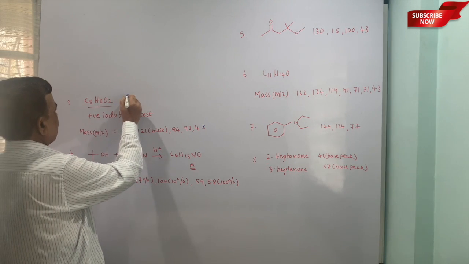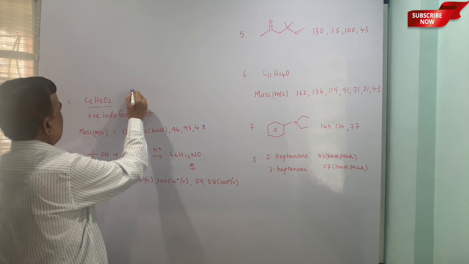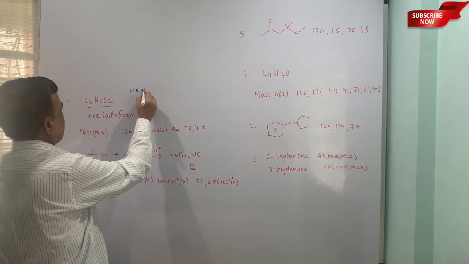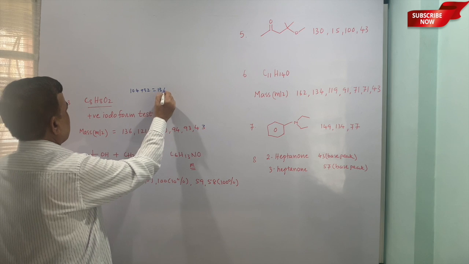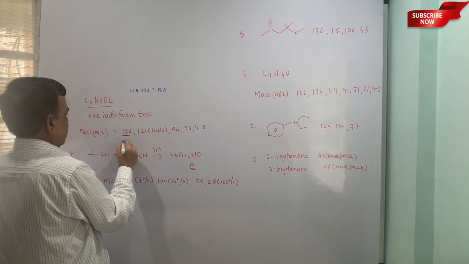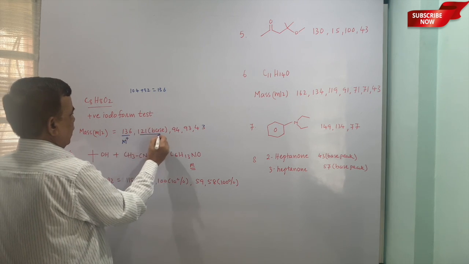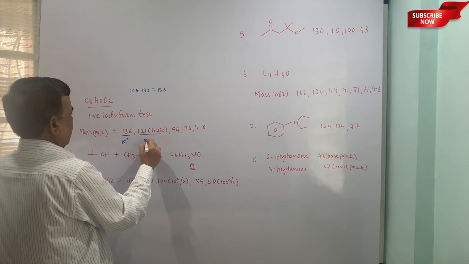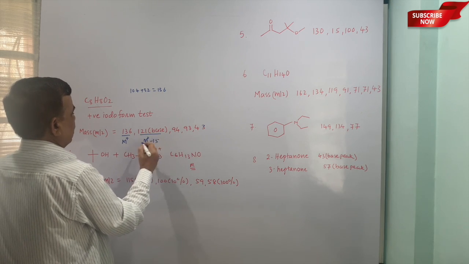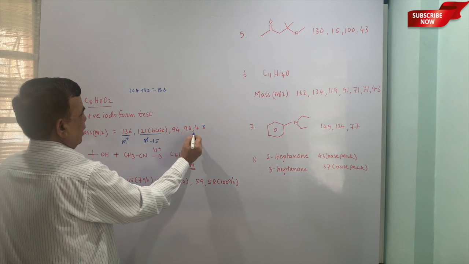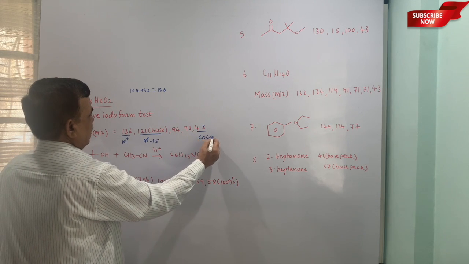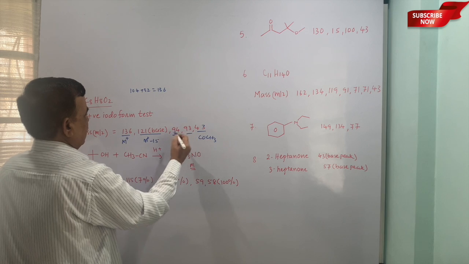C8H8, so 104 plus 32, 136, this is M plus. 121 is M plus minus 15, the loss of methyl, and then this may be COCH3 and the other peaks.